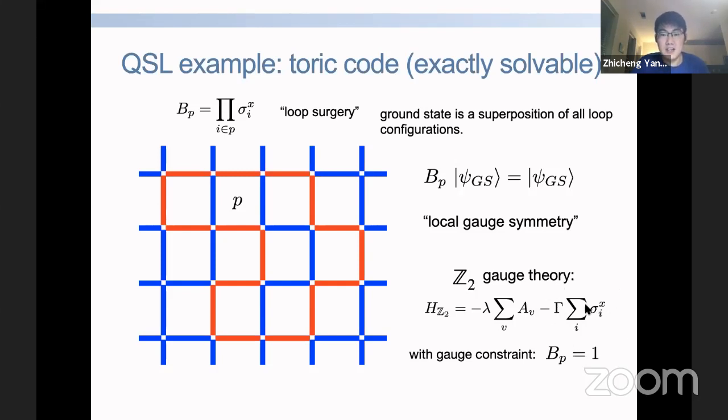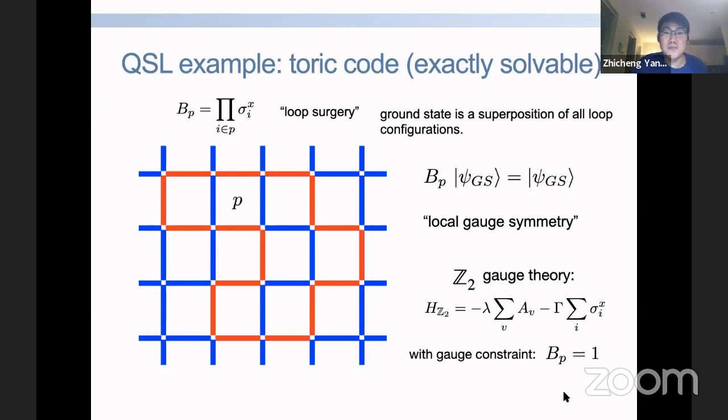As you increase the transverse field, it drives a phase transition from the Z2 topologically ordered state to a trivial paramagnet. Even though you don't put the B term in this Hamiltonian, the Hamiltonian still has the local gauge symmetry generated by the B term, so you have to impose the gauge constraint that B of P is equal to 1 for every plaquette.